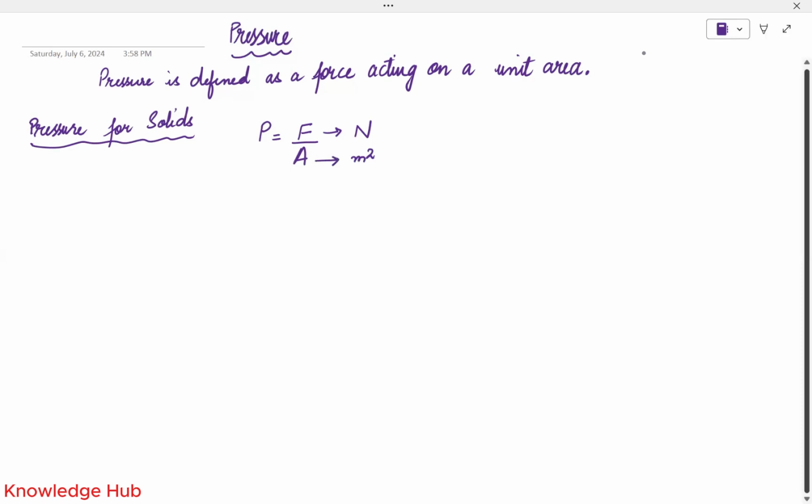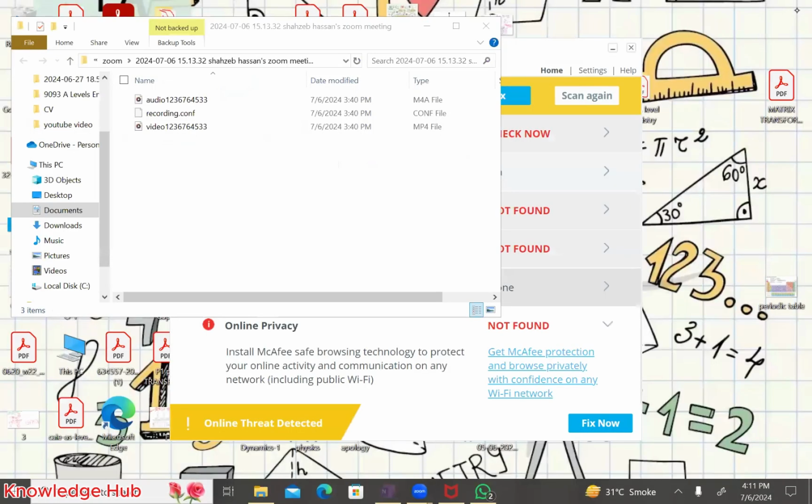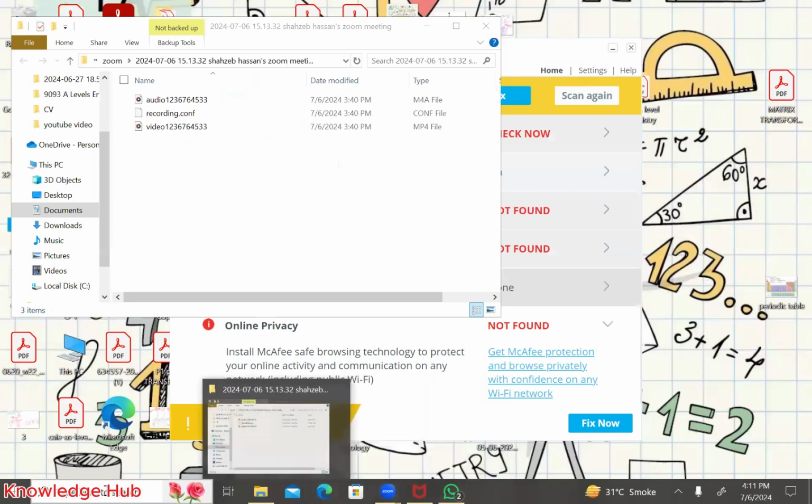So the unit for pressure comes out to be Newton per meter square, or we can take this meter square upside and that would convert to Newton per meter square. And it can also be represented in the form of Pascal.